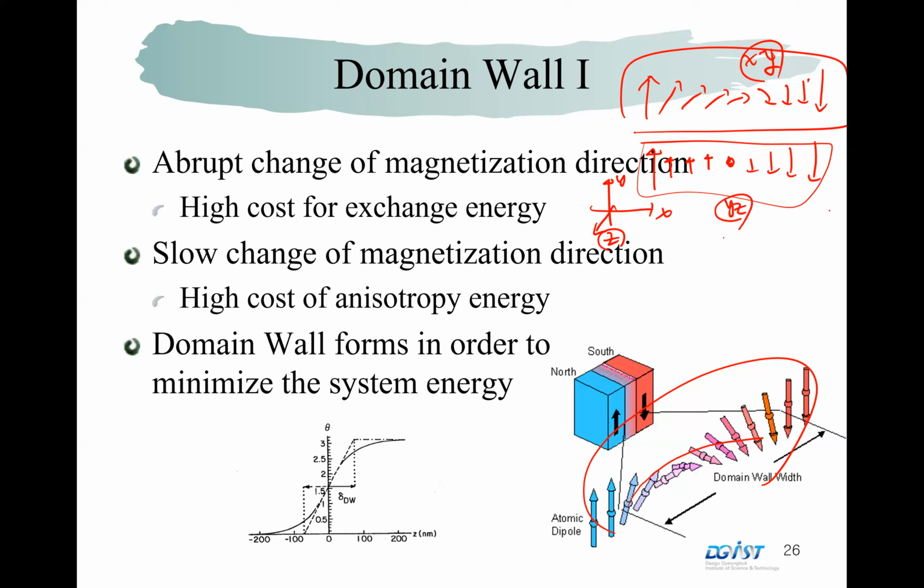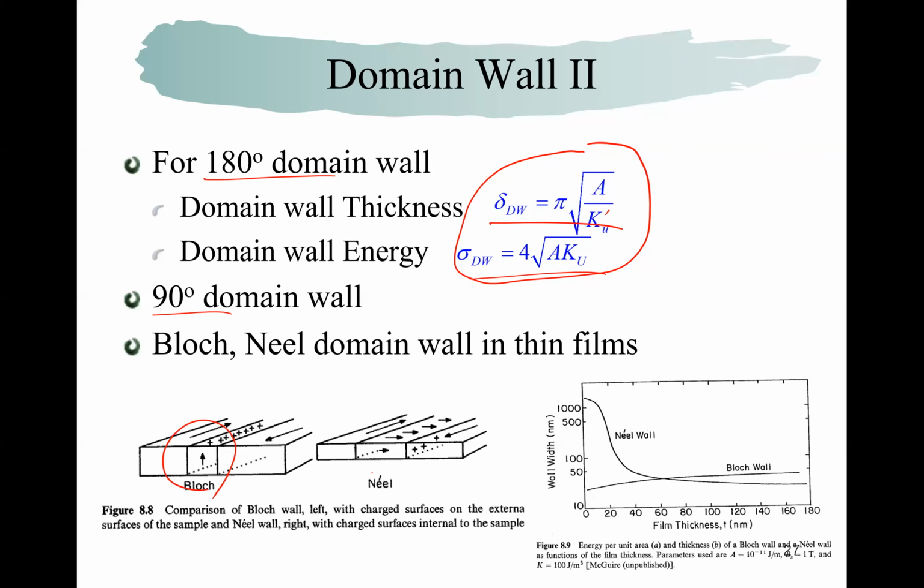And these two kinds of domain wall are what we call the Bloch domain wall or the Néel domain wall. This is the one domain and the other domain. In the Bloch wall, the spin is rotating. For example, this is the x-axis, this is the y-axis, and the z-axis.